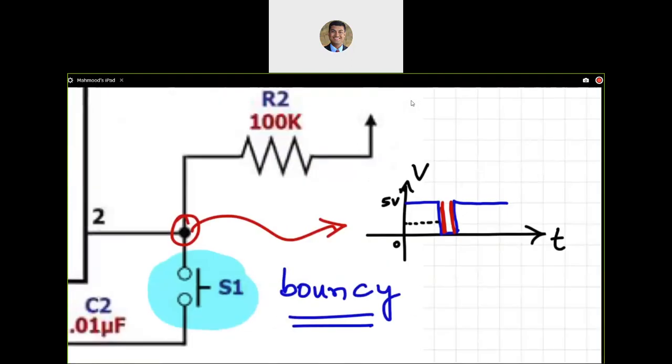So the moment it goes below 1/3 VCC, which is 5 divided by 3, we are going to start charging up the capacitor. If I monitor the charge on the capacitor just over here, you are going to have no charge, and then the moment it goes below 1/3 VCC, it's going to start charging up. Now, until when will it charge up?